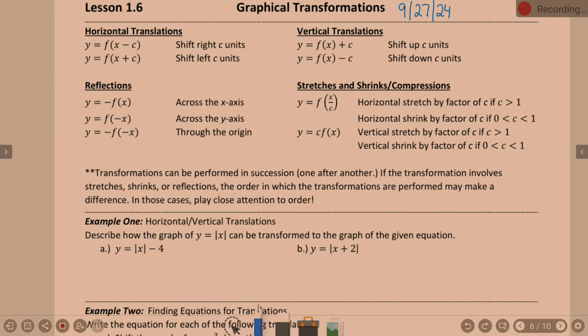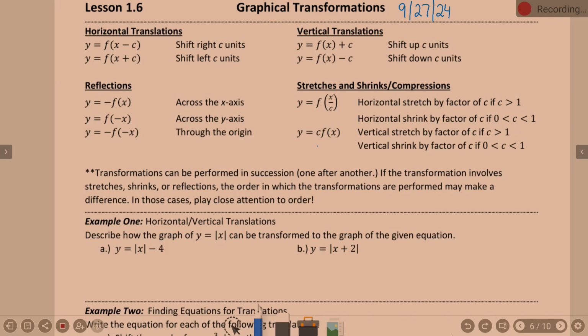This one where it's c times f of x, I think on our paper last year it was a times f of x. If it's a number multiplying out front, it's a vertical stretch. If that number is bigger than 1, it's a stretch. If the number multiplying out front is between 0 and 1, it's a shrink or a compression. That's the part we did last year.